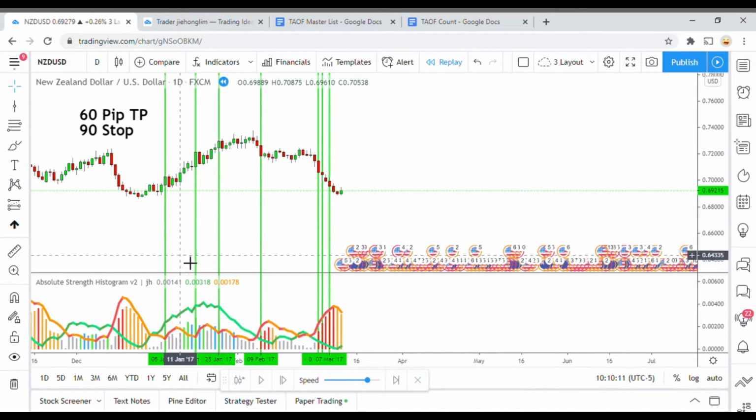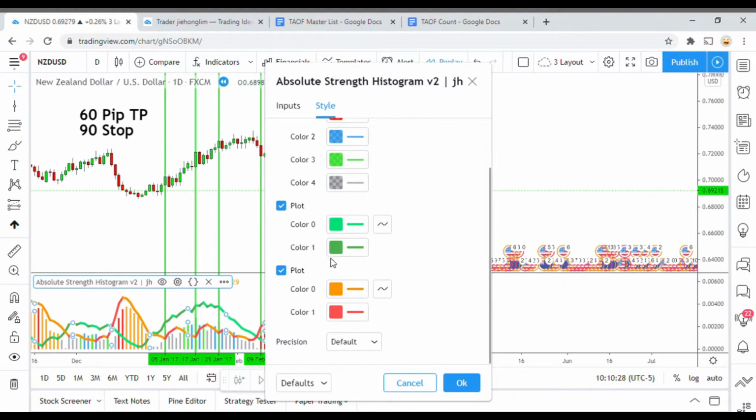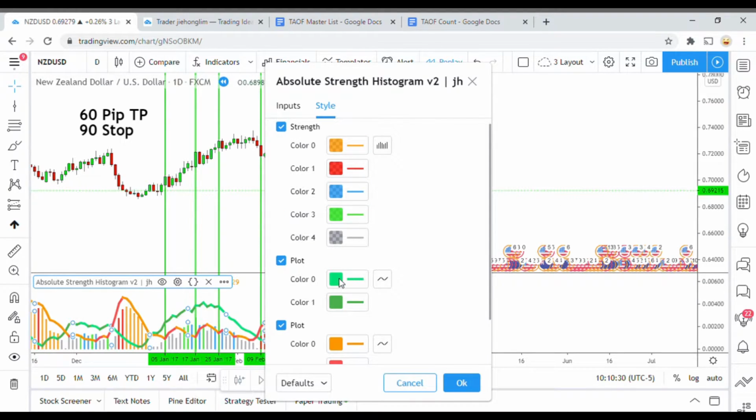So I am only taking the green histogram bars and the red histogram bars. Once they switch to either the blue or to the orange, that is a signal that the trade is weakening.